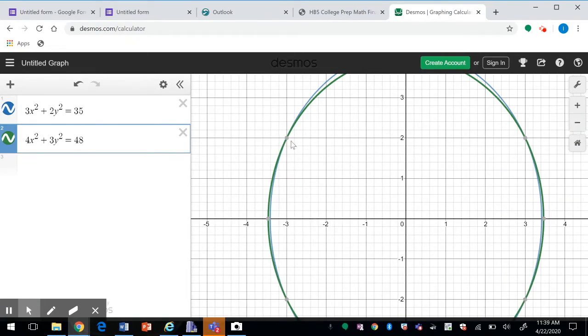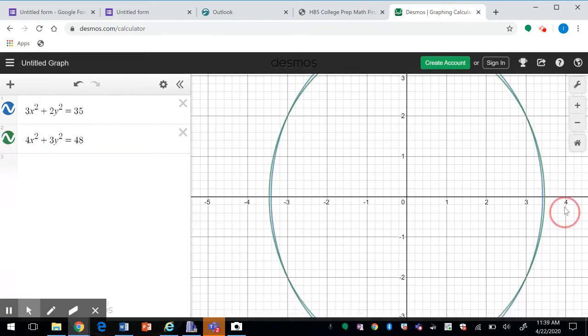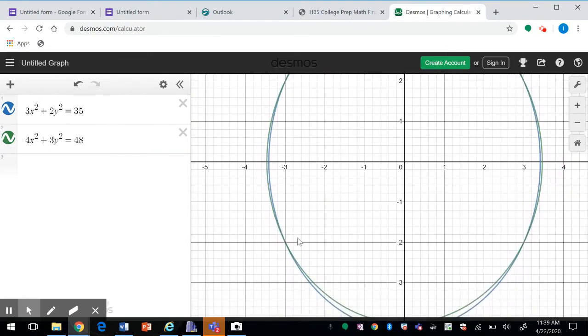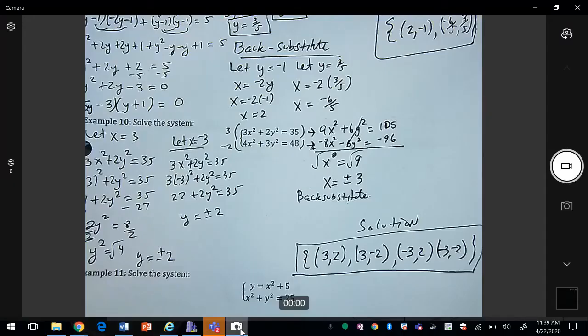So here we have negative 3 and positive 2, 3 and positive 2. And then we also have negative 3, negative 2, and 3 and negative 2. Here it's pretty close, but it's not quite intersecting. So those are our solutions for this problem.